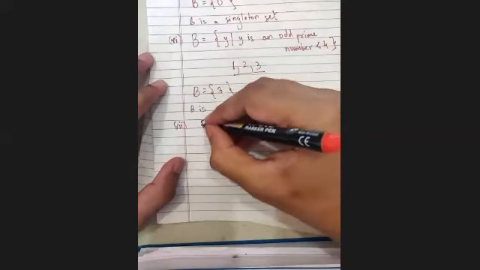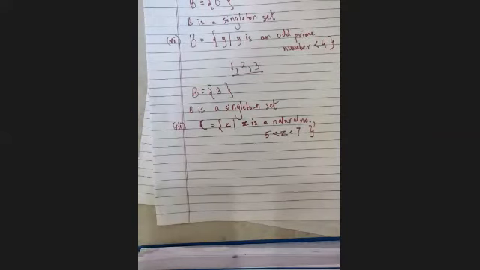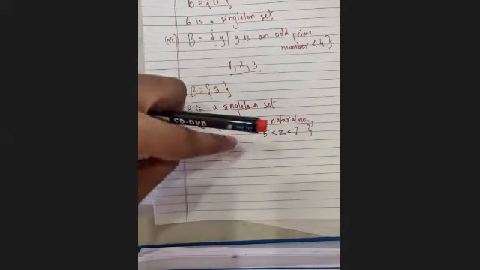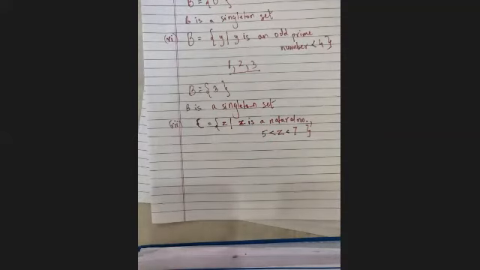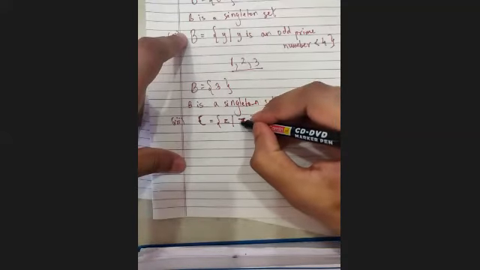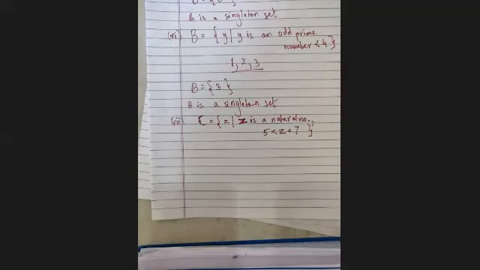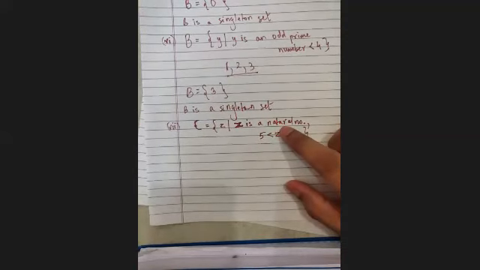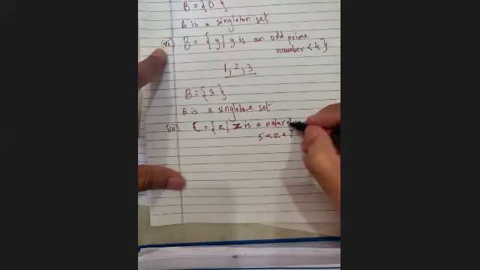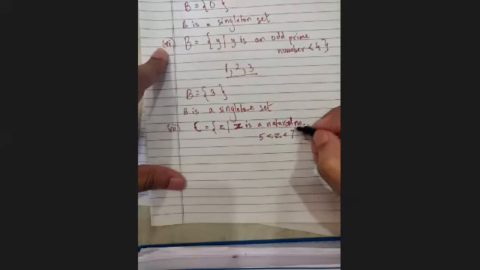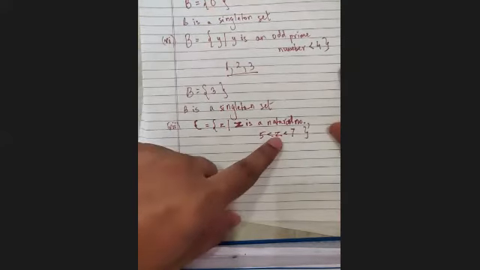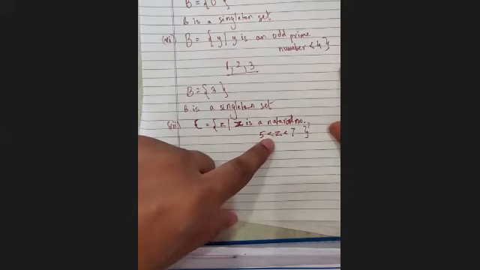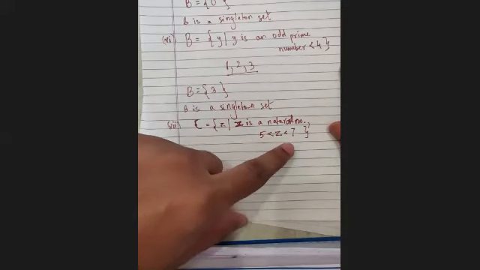C is the set of all Z such that Z is a natural number and Z is greater than 5 and less than 7.